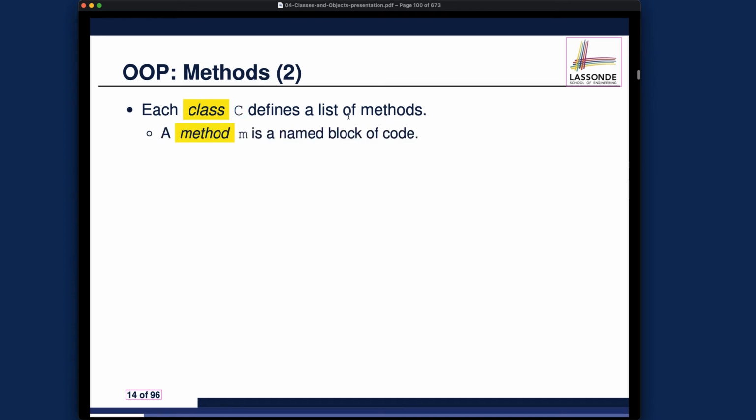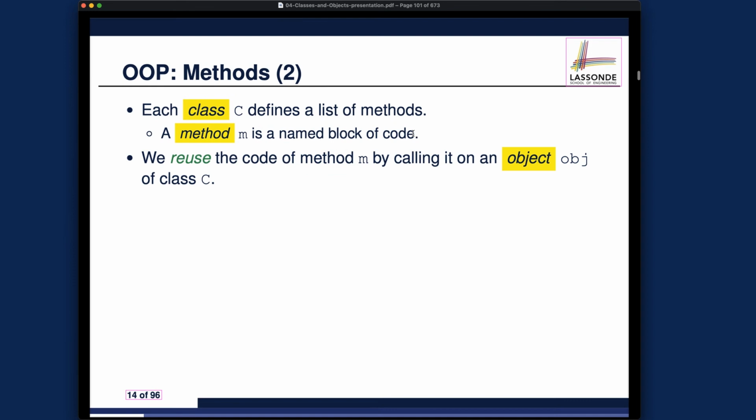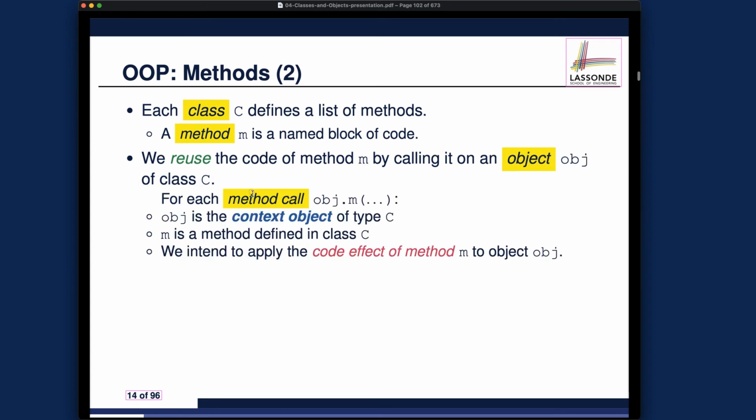And then method M is simply a named block of code for being reusable, right? That's something we talk about. And to reuse it, you want to call the method M on objects of type C. That is really important, right? Let me show you. Whenever you have a particular method call, you want to make sure it is valid.